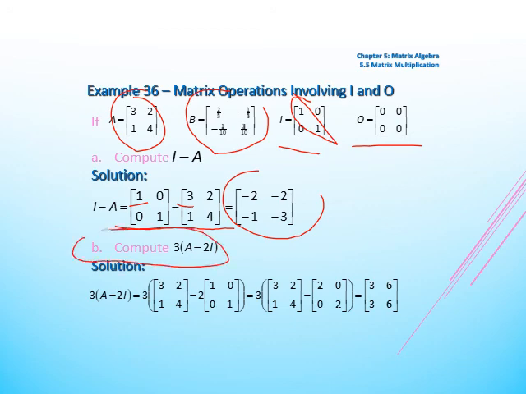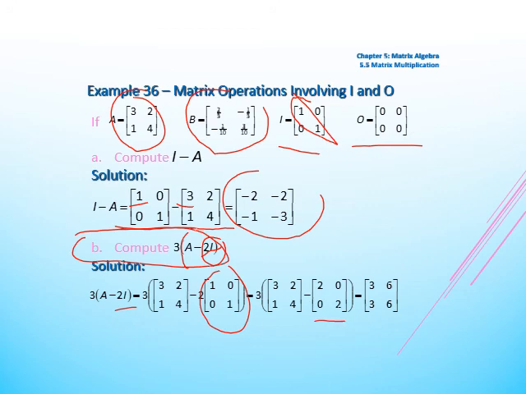Then move to P prime, which we want to compute as 3 times A minus 2I. Please note that you should get the values inside first, then multiply the result by 3, which is the scalar multiplication. So we first get 2 times the identity matrix, which is 2 times 1, 0, 0, 1, so it equals 2, 0, 0, 2.